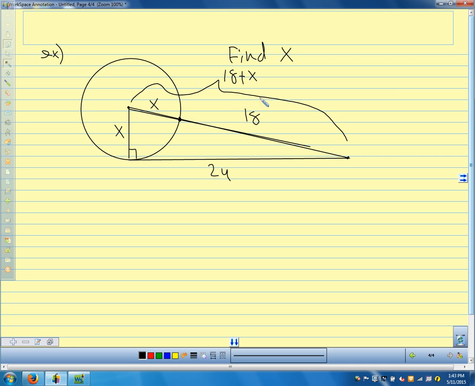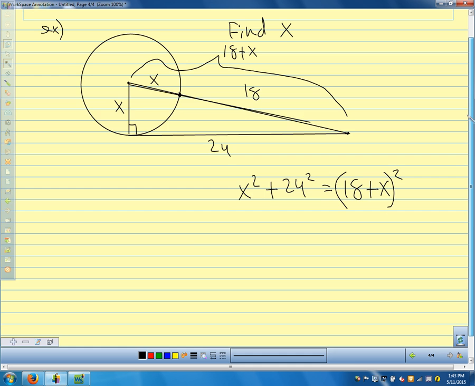Now we can use the Pythagorean theorem. Which side is the hypotenuse here? 18 plus X. So I'm going to say that X squared plus 24 squared equals (18 plus X) squared. All right, what do I do with this?